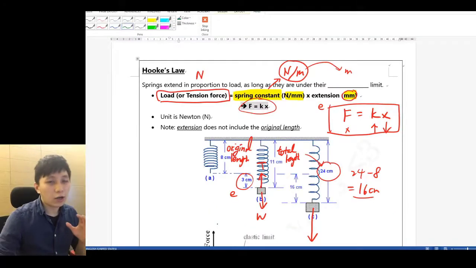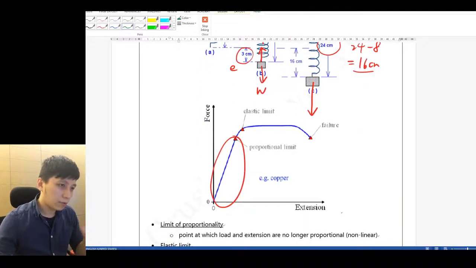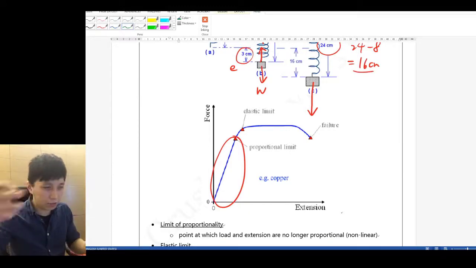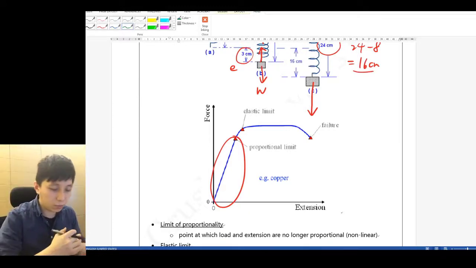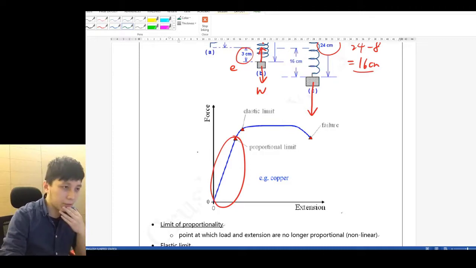Okay, so now we'll talk about the general situation for the spring when we try to extend it even further. So let's refer to this graph and imagine someone did the experiment and plotted this graph, which is Robert Hooke himself. And of course, you can also do the same graph if we are back in the laboratory.